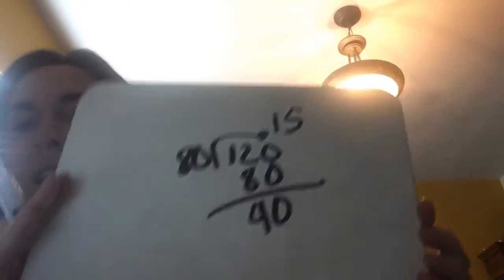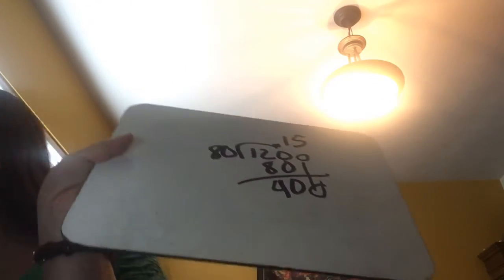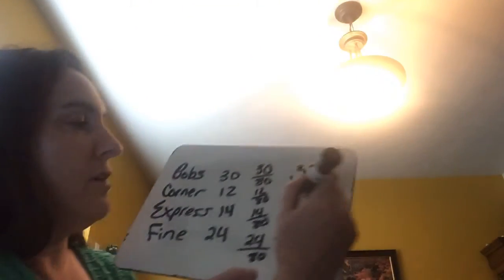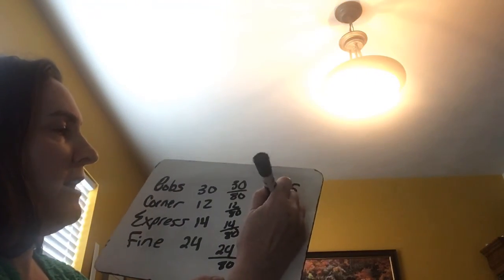Times 0.1, and then 5 times 80 is, oops, bring down the 0, 0.15. So 0.15 is on the second one.